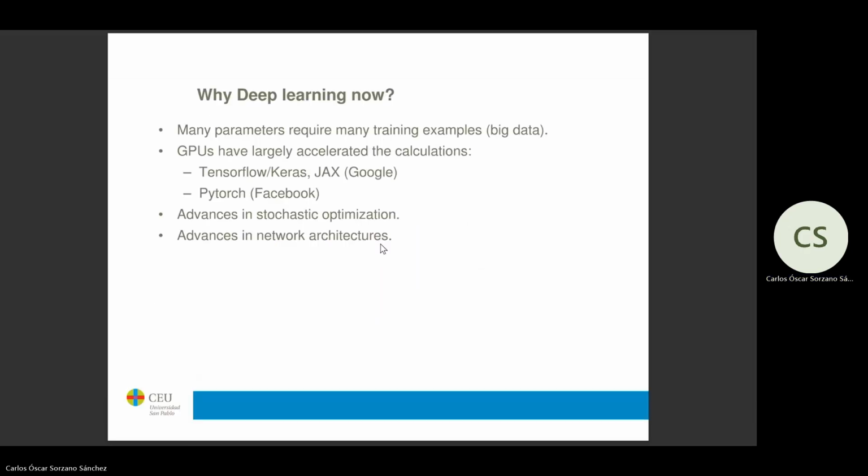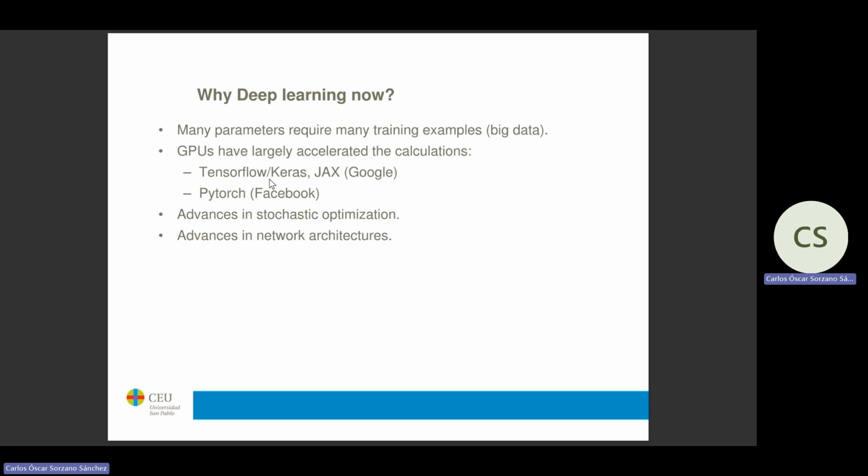So we now have the GPUs. Do you know what a GPU is? Yeah, all of you? Okay, so these GPUs allow massively parallel calculations.